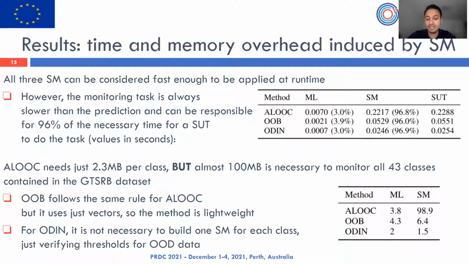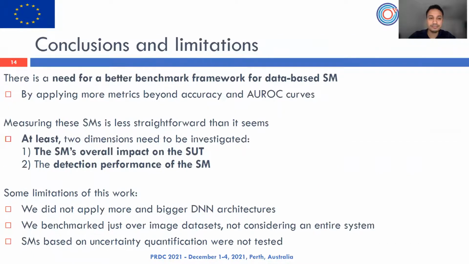They are not expensive, except the one that is based on a neural network model, which is trained for one class, one-class classification. For example, in the case of German traffic signs, we have 43 classes. So even though it's just 2 megabytes per class, when you apply it for 43 classes, we have almost 100 megabytes of memory being used.